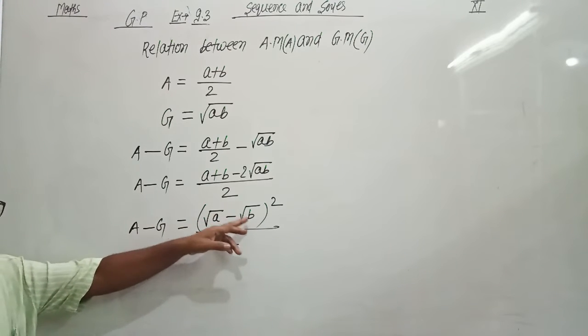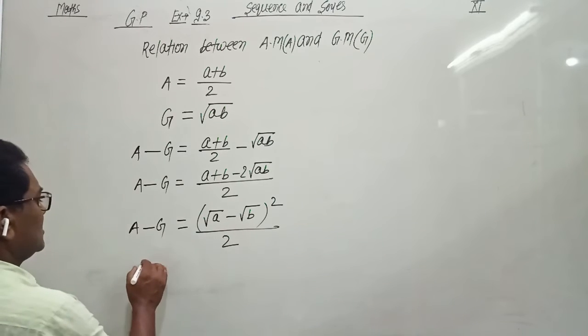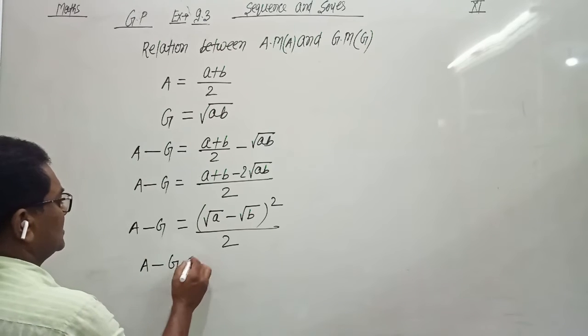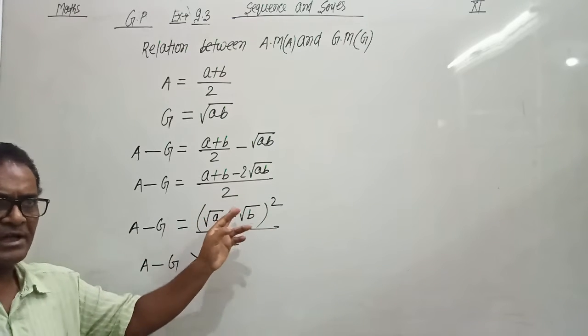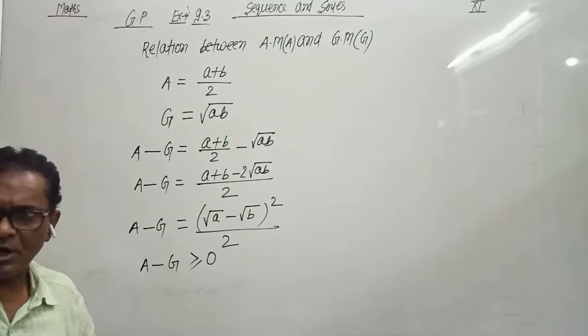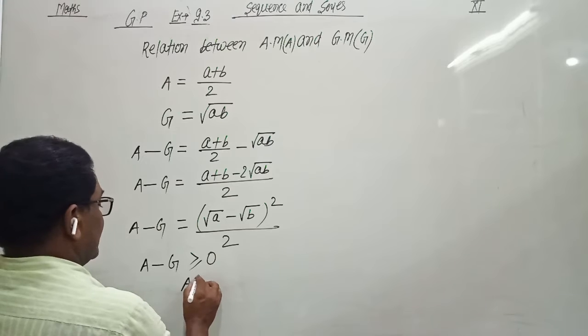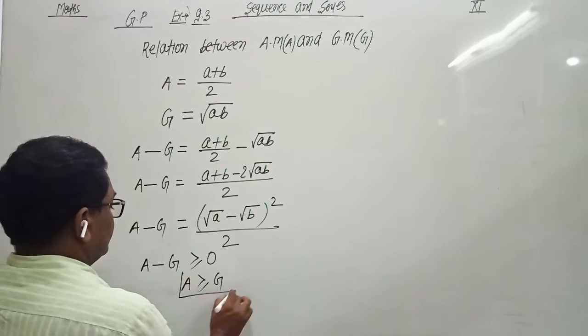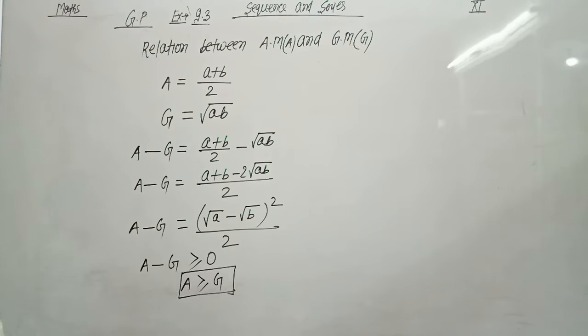The value of root A minus root B, the whole square upon 2, is always greater than or equal to 0. So A minus G is greater than or equal to 0. G will go on the right side, so A is greater than or equal to G. Arithmetic mean is always either equal to the geometric mean or greater than the geometric mean. So the theory part is completed.